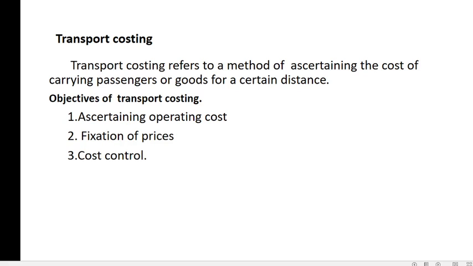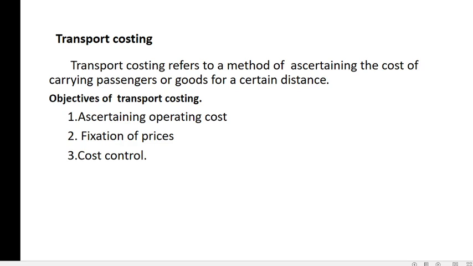Now we come to some of the objectives of transport costing. First is ascertaining operating cost. The objective of transport costing is to ascertain the operating cost of running a vehicle per kilometer. The next objective is fixation of prices.